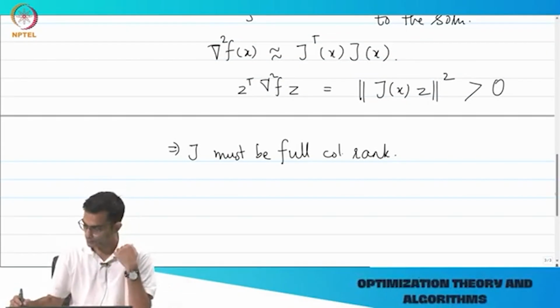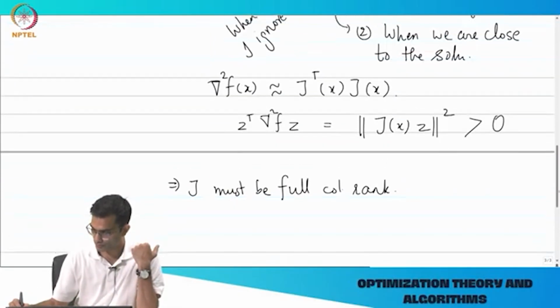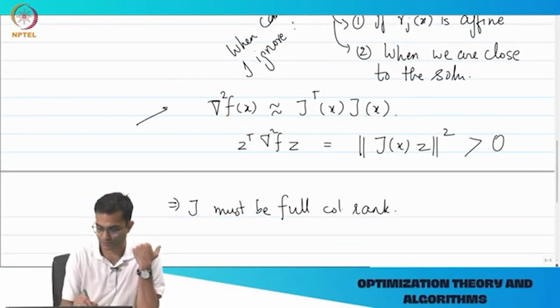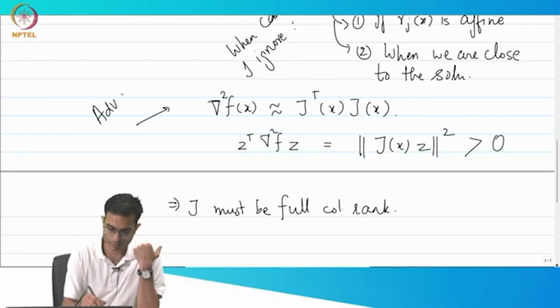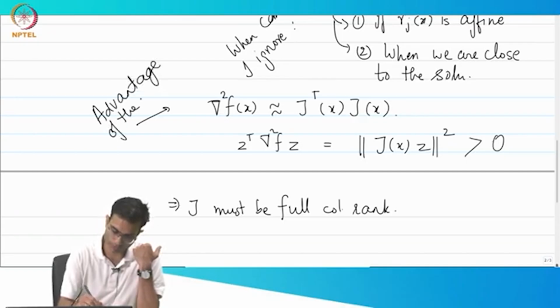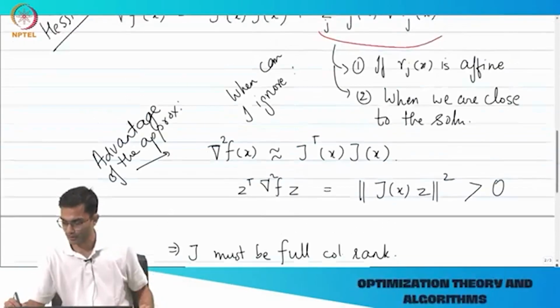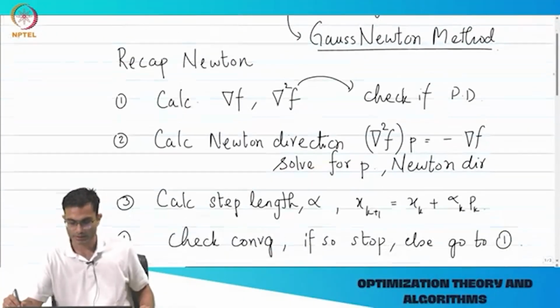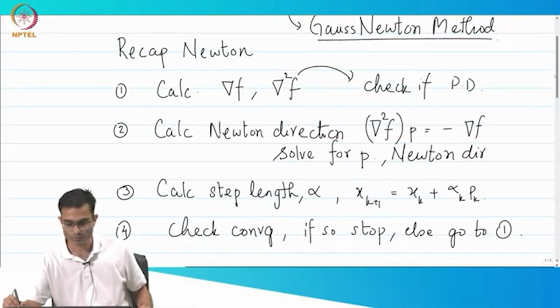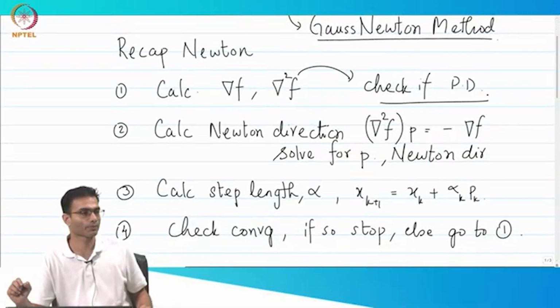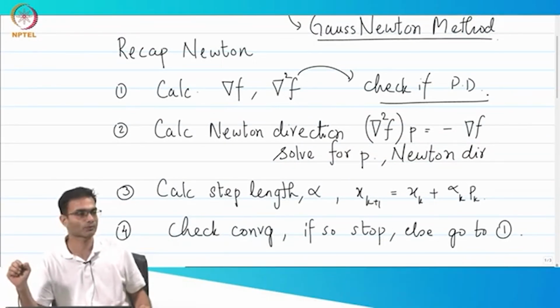So that is one of the advantages of the approximation. Remember, in our original Newton method, I had to check at each step if my Hessian was positive definite.